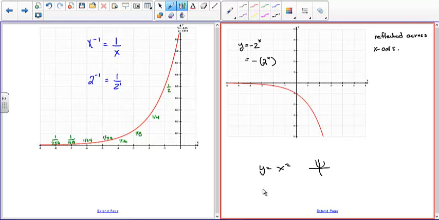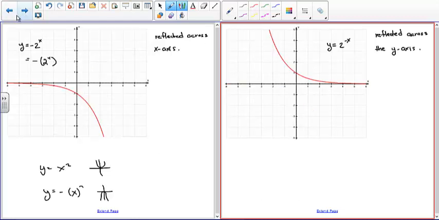If you do y equals negative, and again, I'm going to put a parenthesis there to emphasize the negative is outside the parenthesis, so it's equal to negative x squared. What that does is it reflects it around the x-axis like that. And again, you can't put the negative sign inside there.